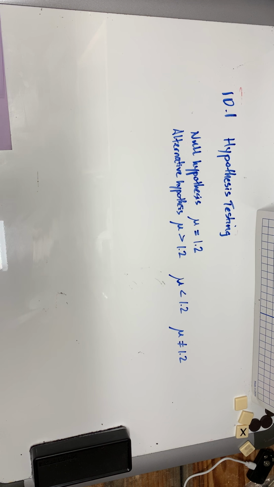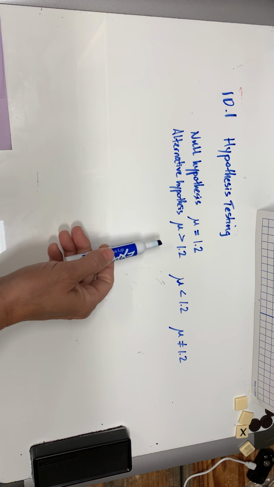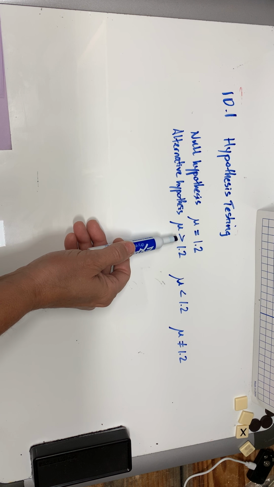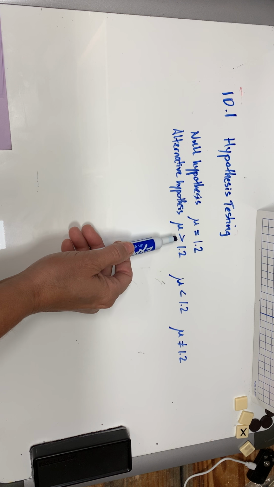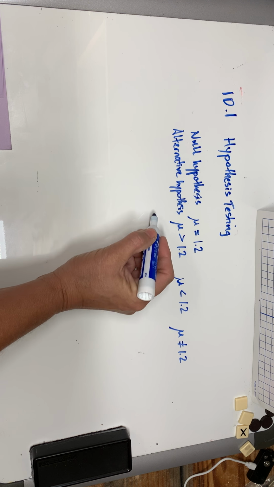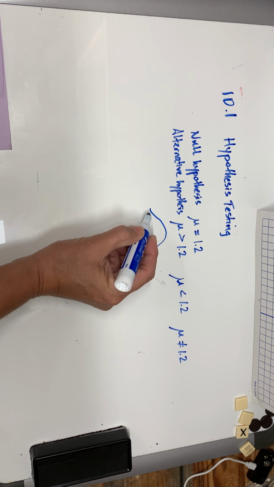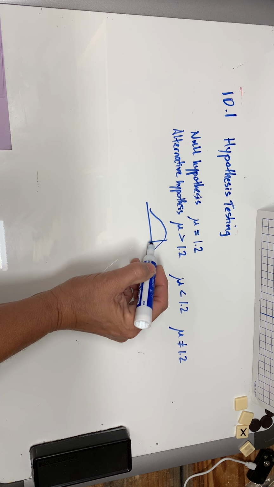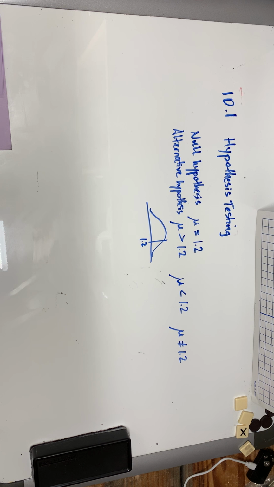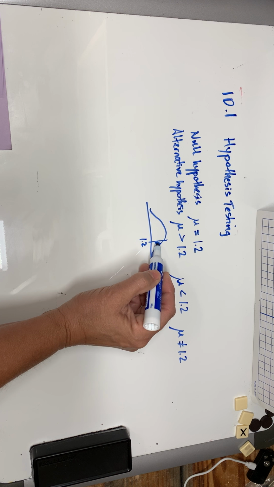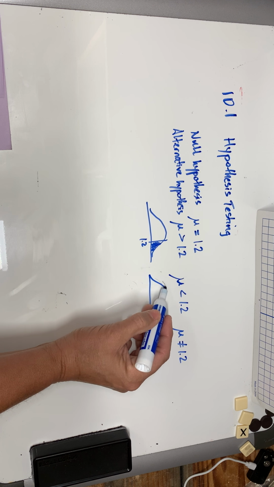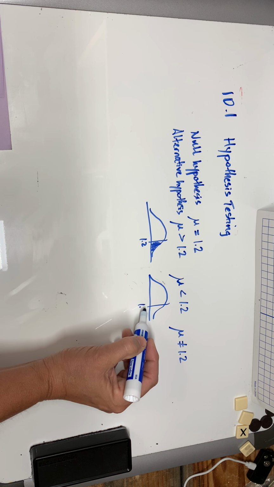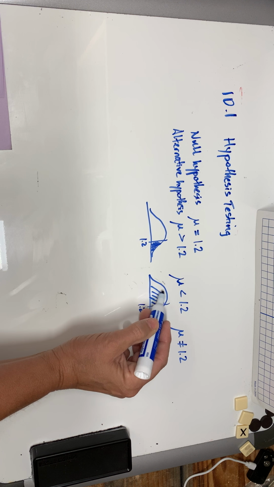Okay? So something to keep in mind is that we have names for this alternative versus this versus this. Okay, so think of, let's say I had a picture of a little normal curve or something like that, and here was the 1.2, the status quo, and you're saying, no, I think it's above that. Or in this example, you would say, no, I think it's below that.